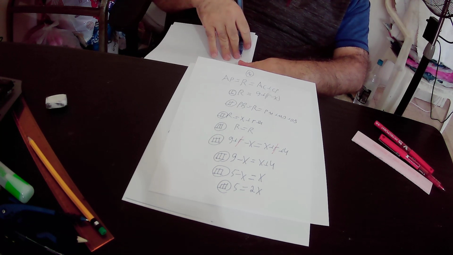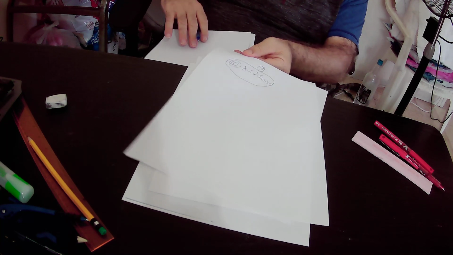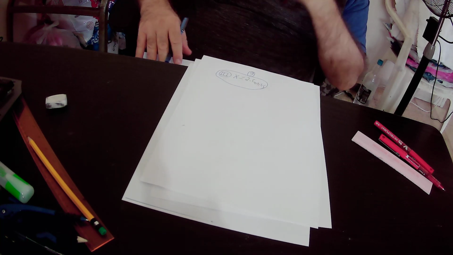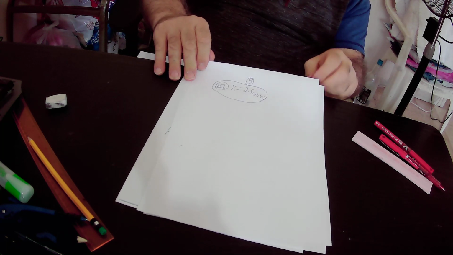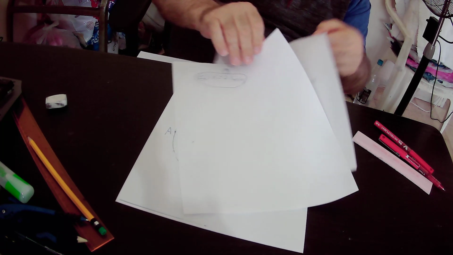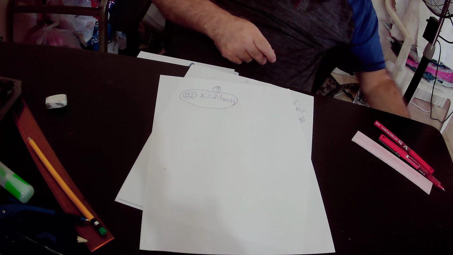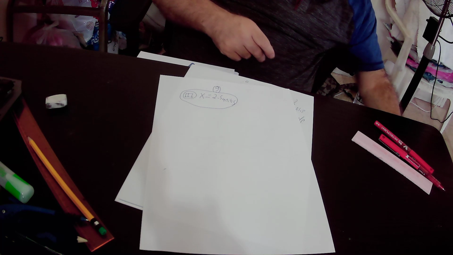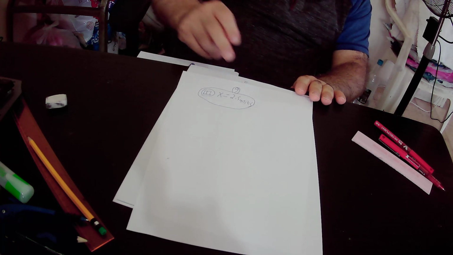X equals 2.5 units. So actually we can substitute x in the third equation of the radius by 2.5 units.